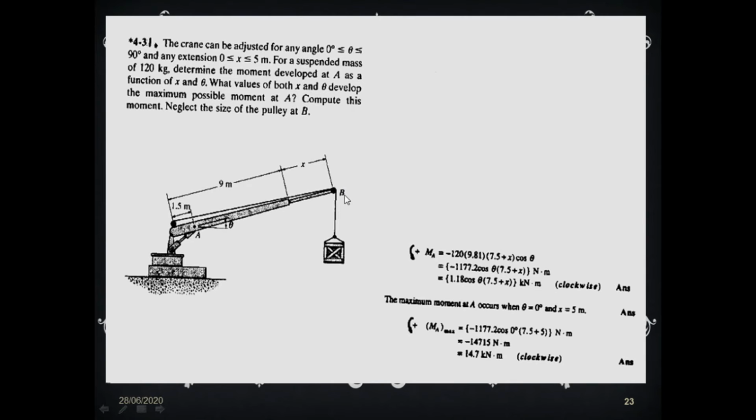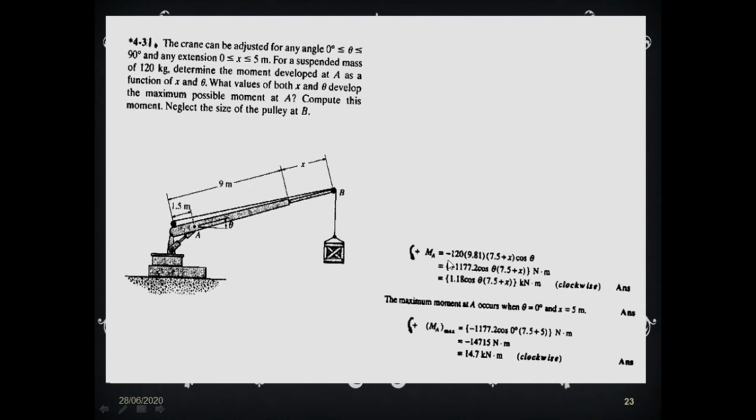So what we will do is say the perpendicular distance will be this 9 meter, and the effective length from A comes out to be 7.5, and then this length is x, so it will be 7.5 plus x. But we want a perpendicular distance, so that will be at some angle from B to the straight line till A, so it will be 7.5 plus x, times cos of theta. Then we multiply it by 120.